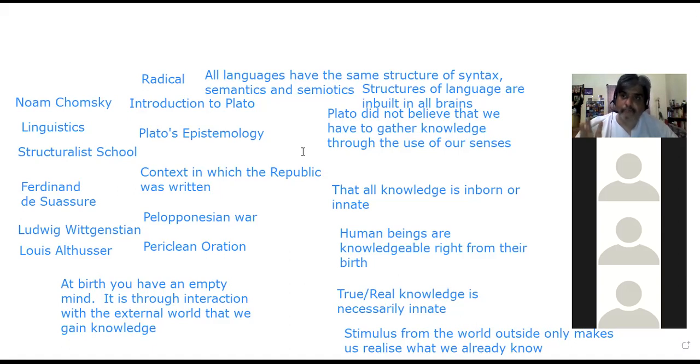So what is it that makes this possible? That is, when you say all languages have the same structure of syntax, semantics, and semiotics, what we are saying is that all languages have the same structure.